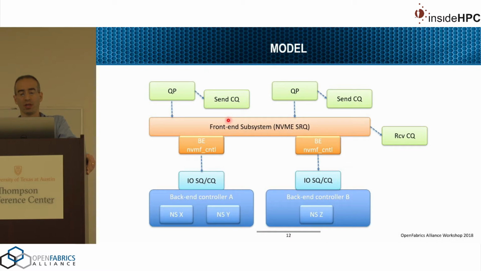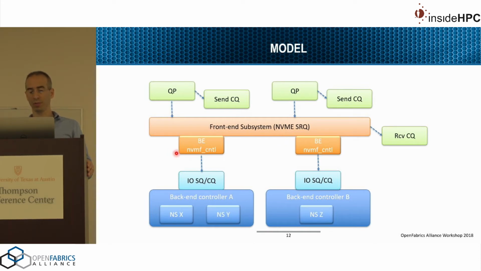That object is describing the intermediate buffer that is being used for the transaction, as we've seen in the example on the previous slide. For the I/O read, we are using the buffer from the host memory to read the data from the NVMe into that buffer and then send it out to the fabric. So we are using the shared receive queue object in order to articulate that buffer.